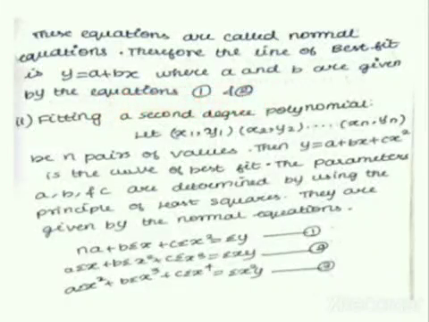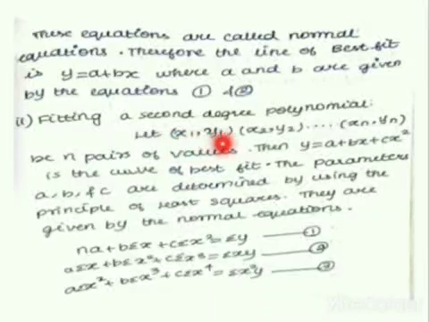Let us see our second method, which is fitting a second degree polynomial. So let us assume that x1 comma y1, x2 comma y2, etc. up to xn comma yn are n pairs of values. Then y is equal to a plus bx plus cx square is the curve of best fit. In the last method, it was the line of best fit.